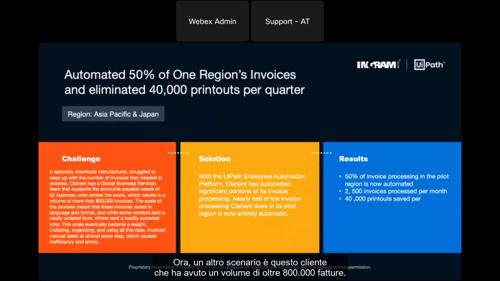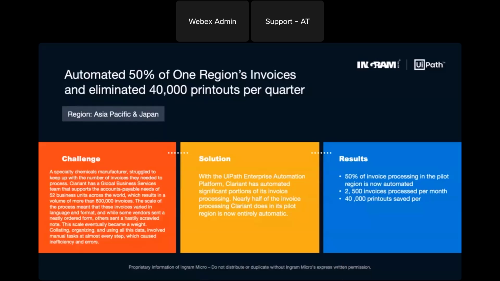Now, another scenario is this customer had a volume of more than 800,000 invoices. The scale of the process meant that these invoices varied in language, in format, different information. Once we enabled the UiPath Enterprise Automation Platform, nearly half of the invoice processing is now entirely automatic.